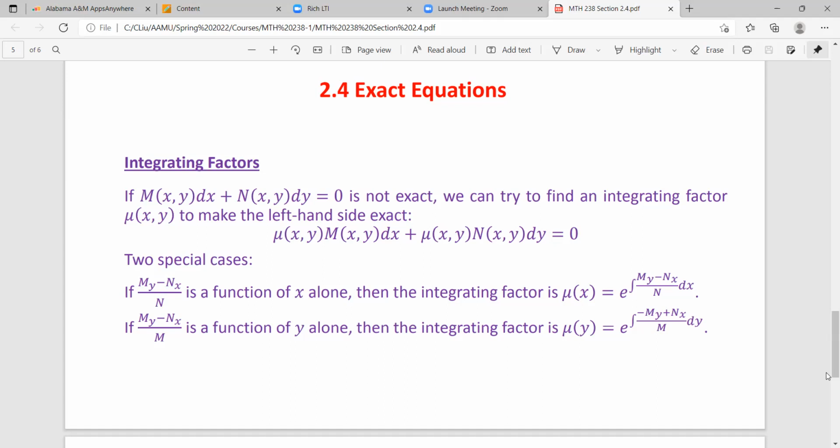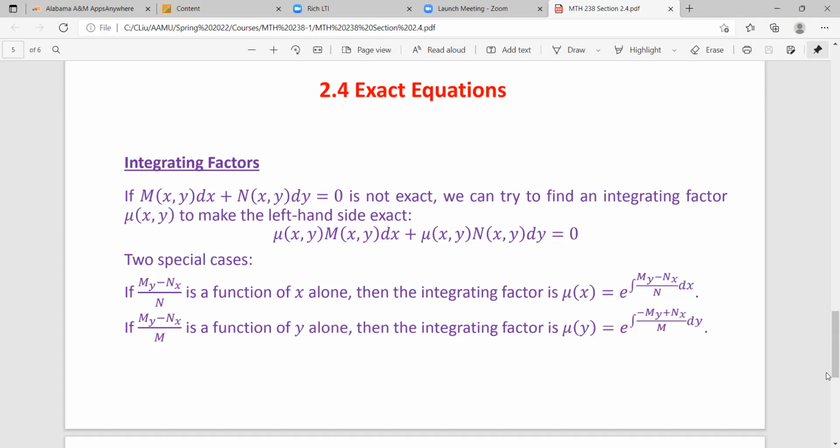Just like we use an integrating factor to solve linear differential equations, as we did in 2.3. Remember, we can solve a linear first order differential equation by using the integrating factor. So this time we do the integrating factor again, but this time it is for exact equations.